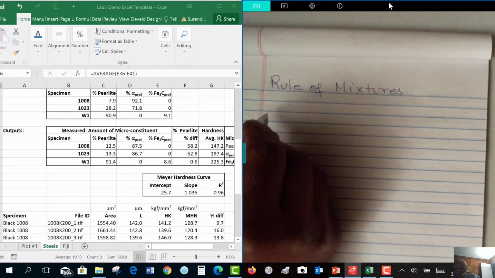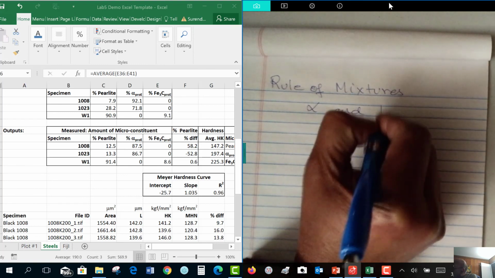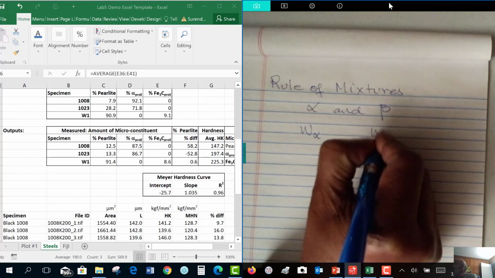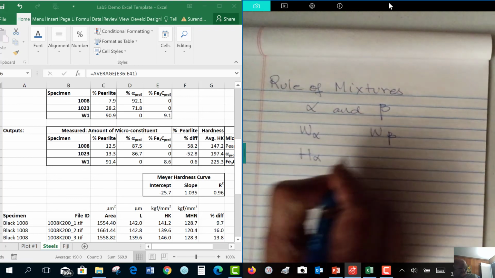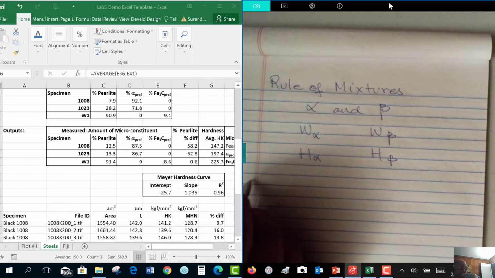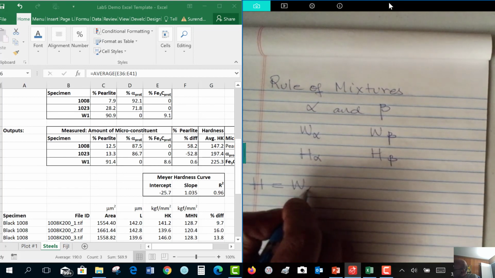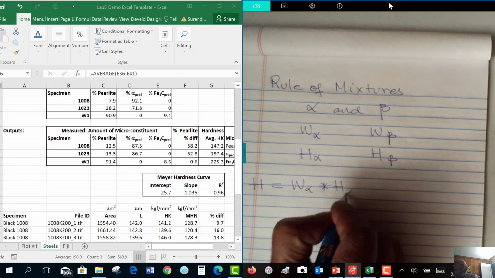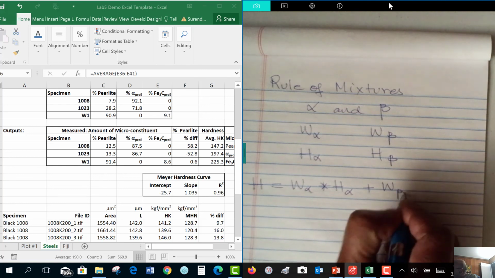So let's suppose we have two phases, alpha and beta, and they are in this proportion. And let's suppose they have hardness alpha and beta. So what we can expect is that if we use rule of mixtures and we take the weighted average, this would be the resulting hardness.